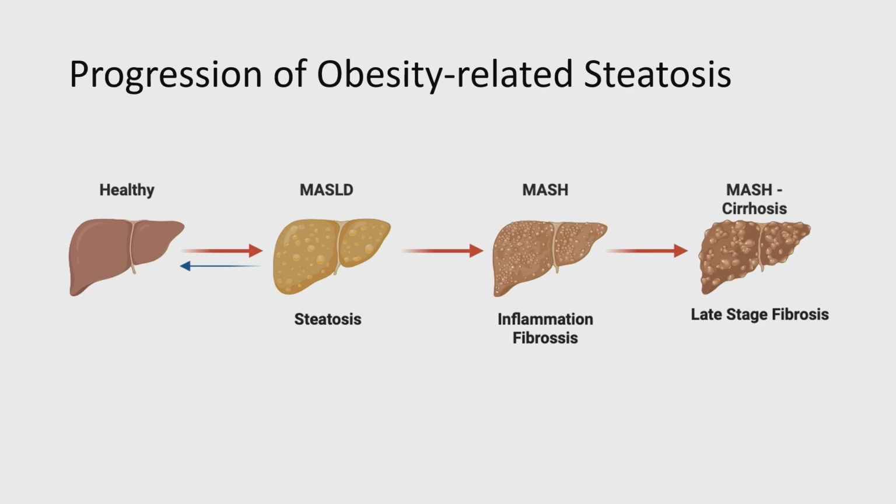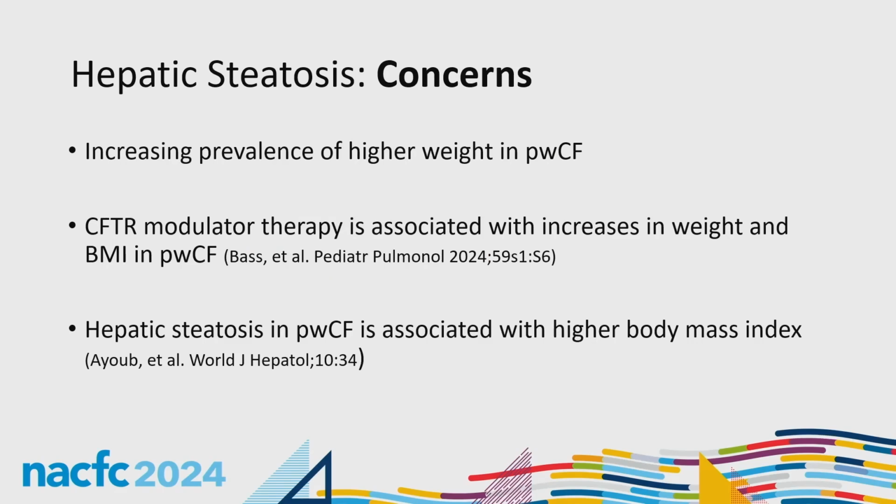Can it be a trigger as we're gaining more weight? Because again, we're seeing an increased prevalence of higher weight in persons with cystic fibrosis. CFTR modulator therapy is associated with increases in weight and BMI in CF. And again, hepatic steatosis in persons with CF is associated with a higher body mass index. So we do know that.